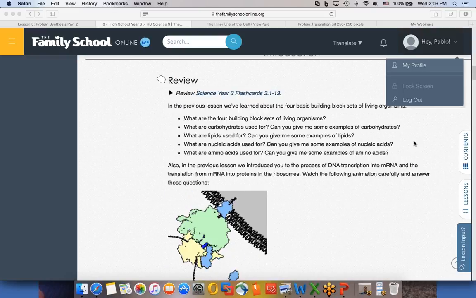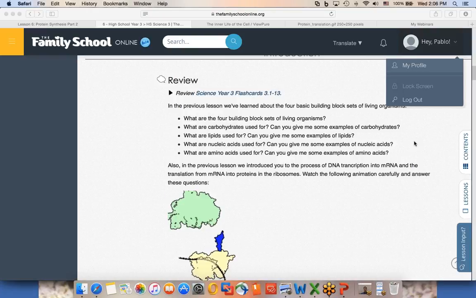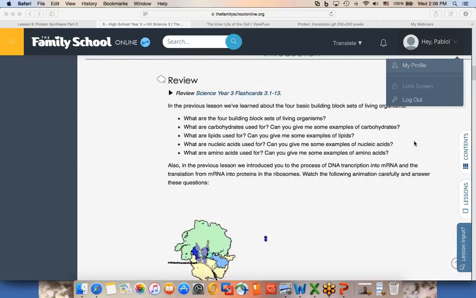They're used as building blocks of the membrane and the energy storage. Excellent. Yeah. And can you give me also some examples of lipids? Well, you mentioned the cell membrane, okay? Yeah.